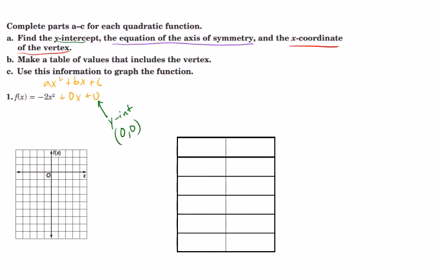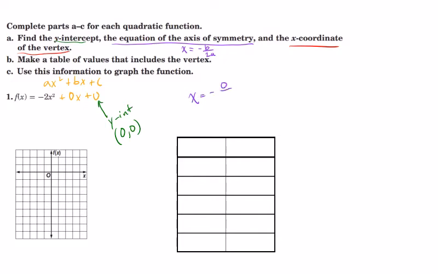All right. Okay, the equation of the axis of symmetry. Let's do that next. So remember that the formula there is x equals negative b over 2a. Let's plug those values in. So b is 0, right?